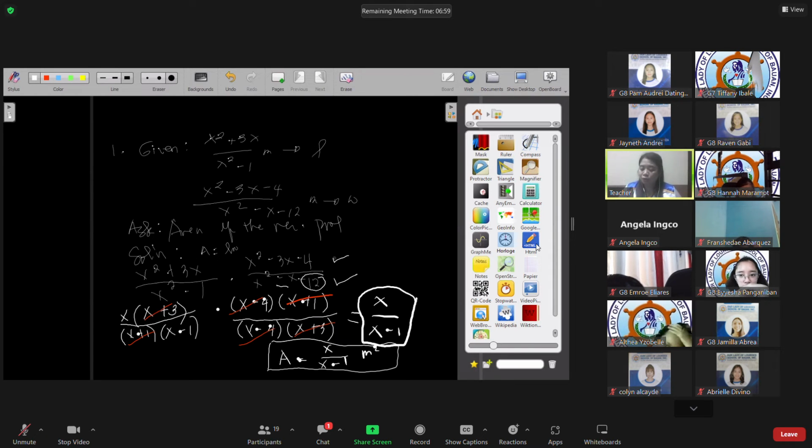So, next one is on division of rational expression. So bakit sinunod ko agad yung division on rational expression? This is somehow the same as with multiplication of rational expression.